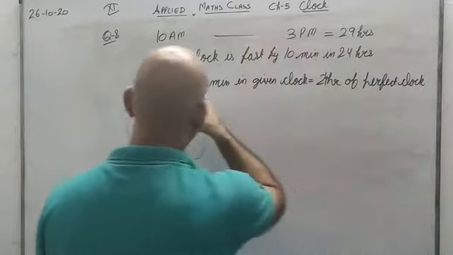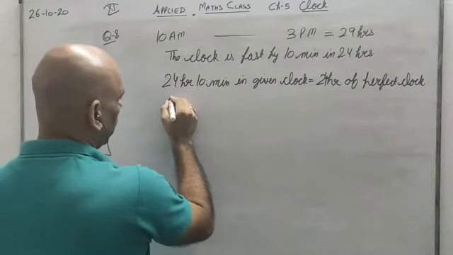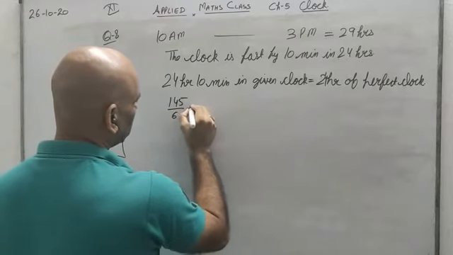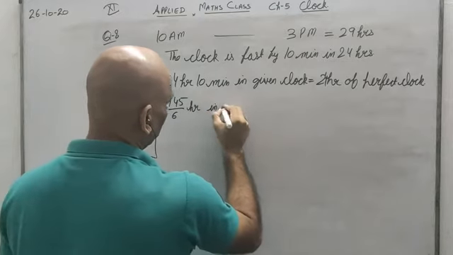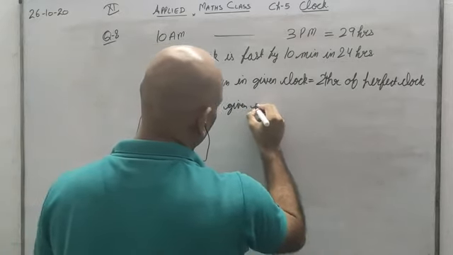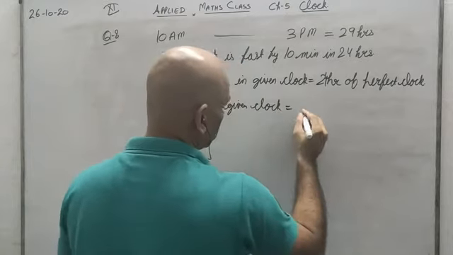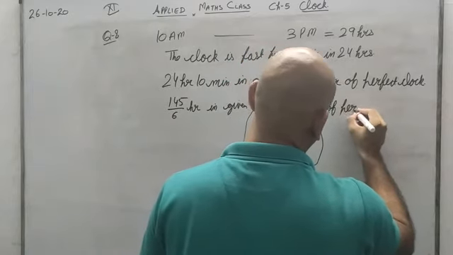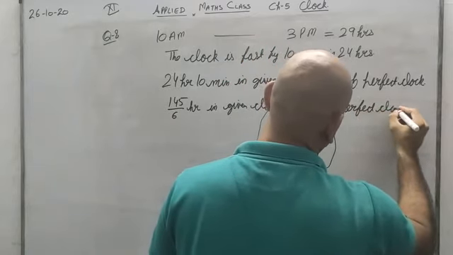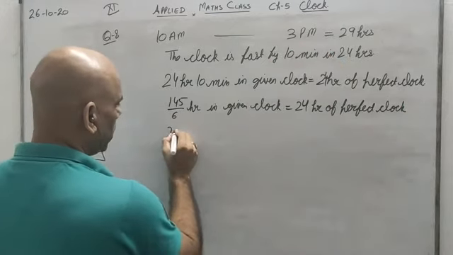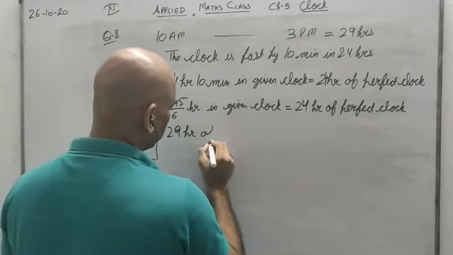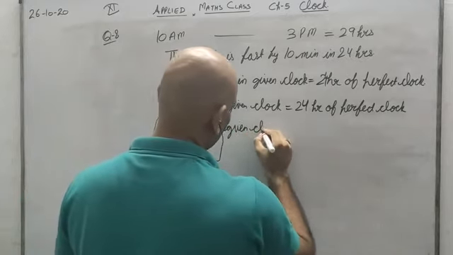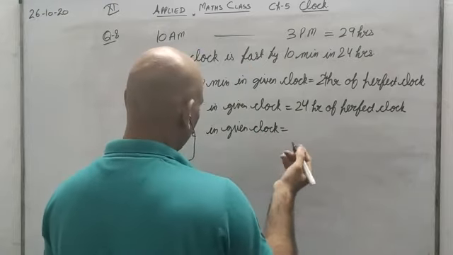So if I will convert it into hours, it will become 24 1 by 6, so 145 by 6 hour in given clock is equals to 24 hour of perfect clock. Now 29 hour in given clock is equals to how much time?